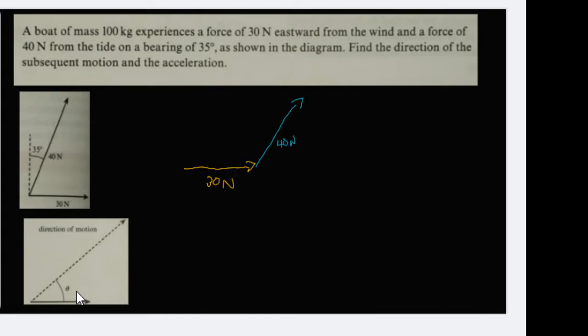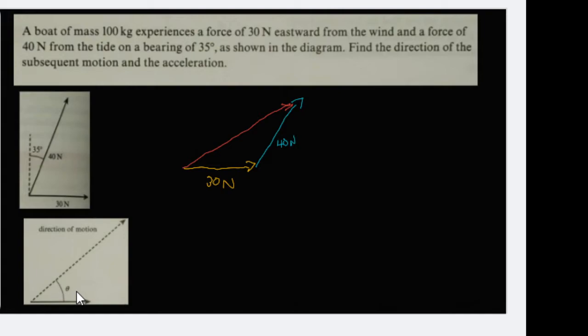So with this, we can just show or draw our direction of motion. Let's have an illustration here, which will combine the two forces. Okay. So meaning to say, this will be your direction of motion.